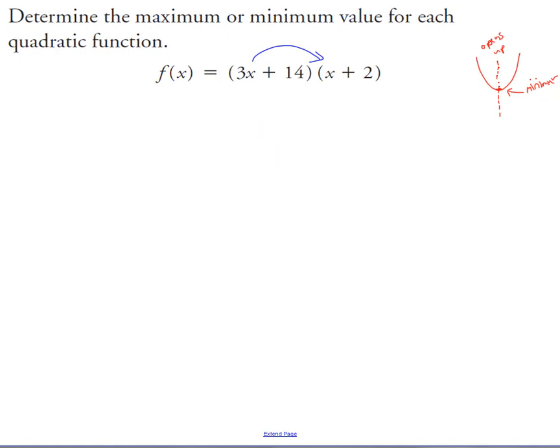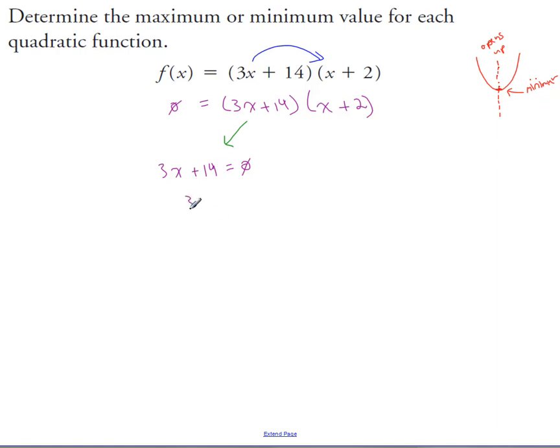Now let's go through the process of finding the zeros. So I'll say 0 is equal to 3x plus 14 and x plus 2. Let's take our first one. Moving kind of quick now because you've seen this before. 3x plus 14, I'll set that equal to 0.